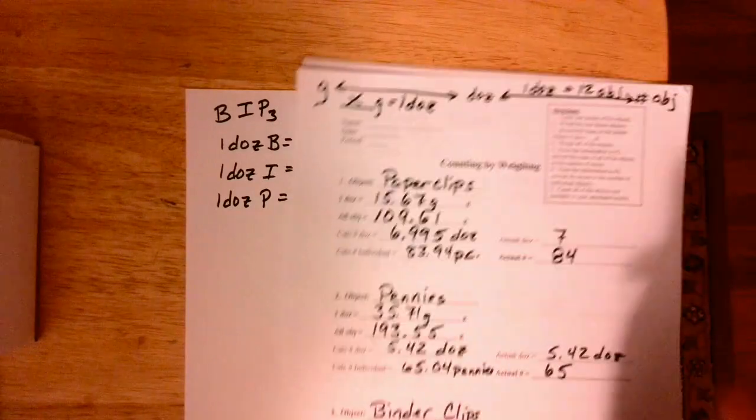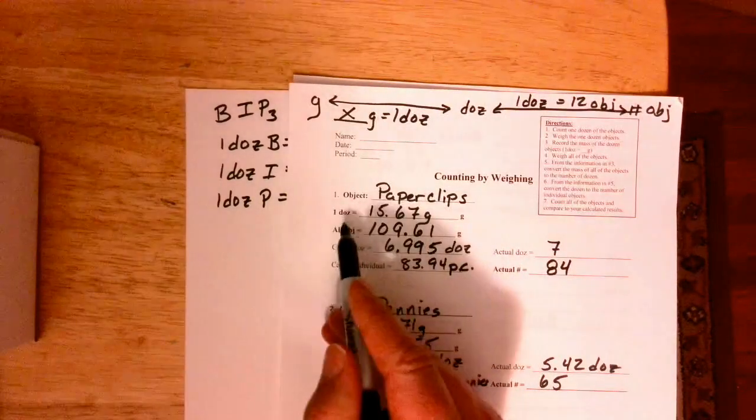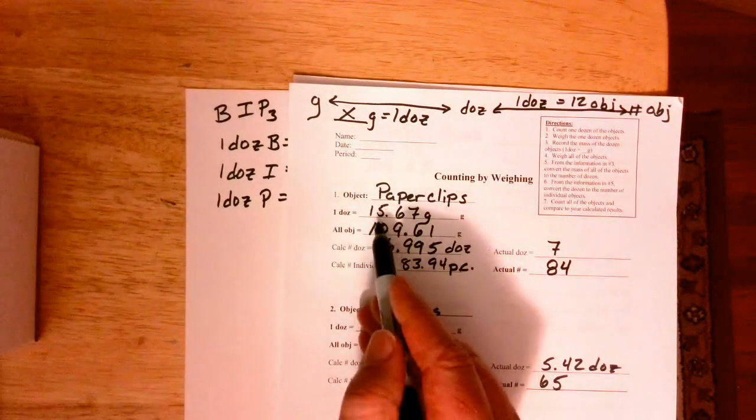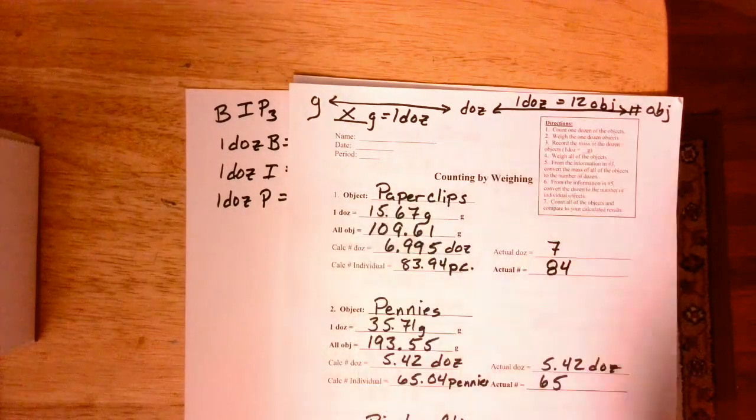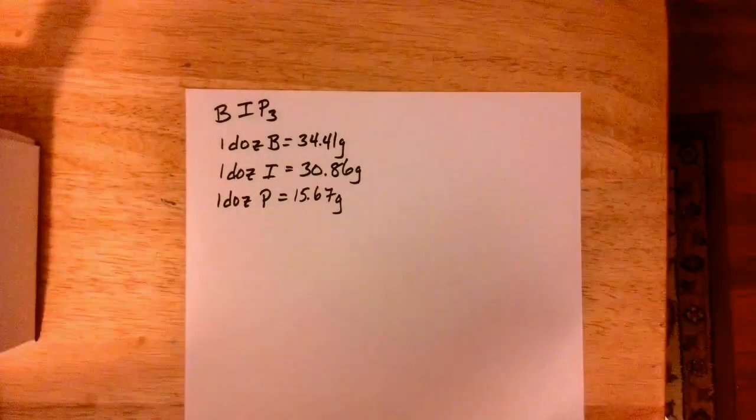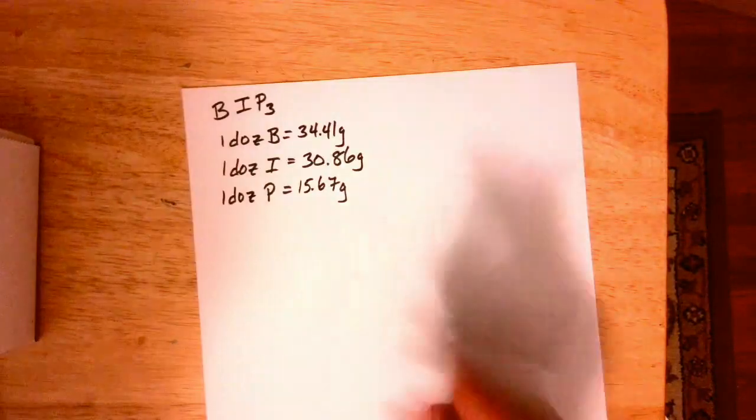Okay, so again, for each one of these items, we weighed out a dozen of those, and from those dozen, we found out the total mass of that 1 dozen. So now, let's do something similar to what we did before. So here's the formula.